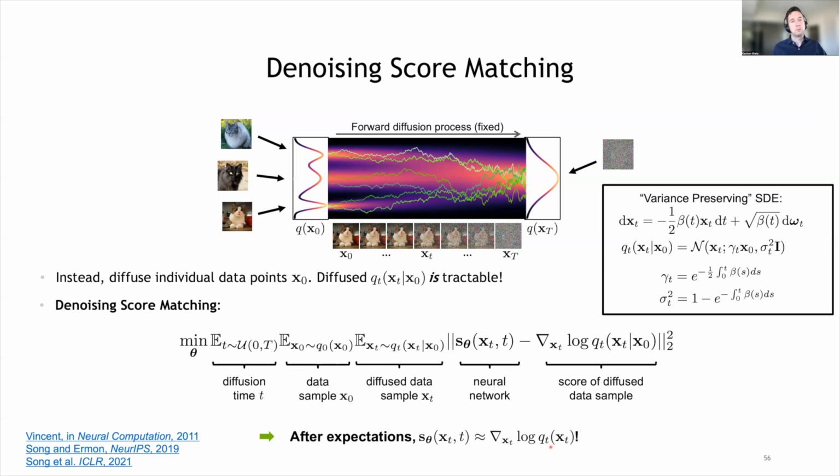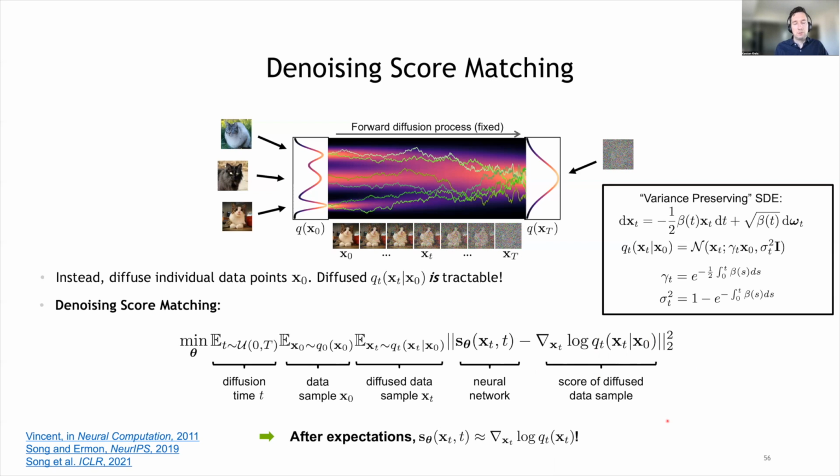This makes intuitive sense, because this x_t that we're feeding to the neural network is noisy data. It could correspond to many possible different x_0s and many different possible ground truth scores that we regress towards. So in practice, this neural network has to average over those.